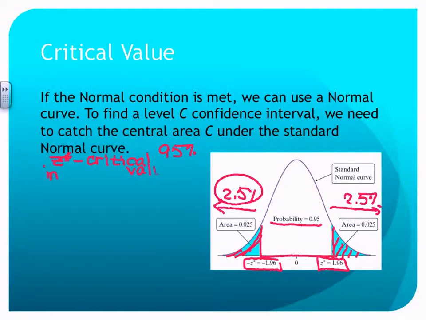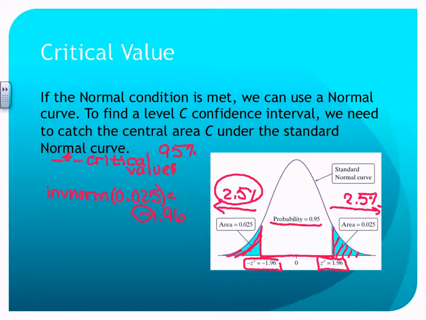And that is going to be found by taking your inverse norm. Now you can inverse norm 2.5%, but you are going to get negative 1.96, okay? So you can realize that you're not going to be using a negative. You have to use a positive.